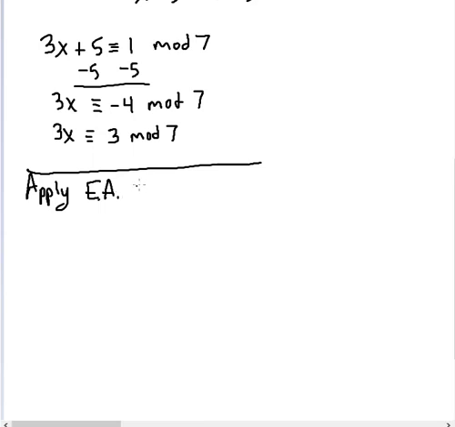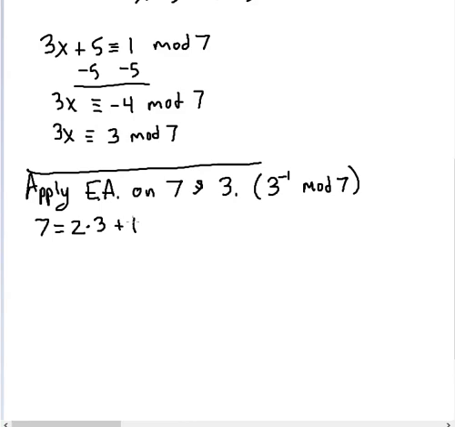We want to apply that on, let's say, 7 and 3, because I want to find the inverse of 3 mod 7. That's our goal. So let's do that. The process ends pretty quick.